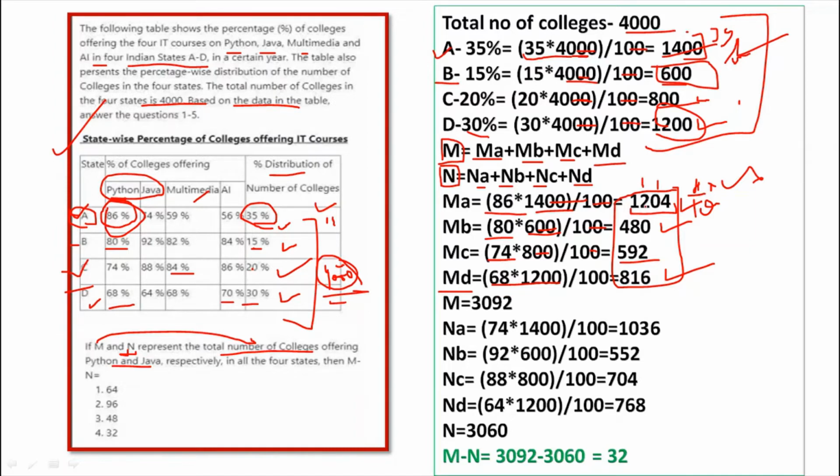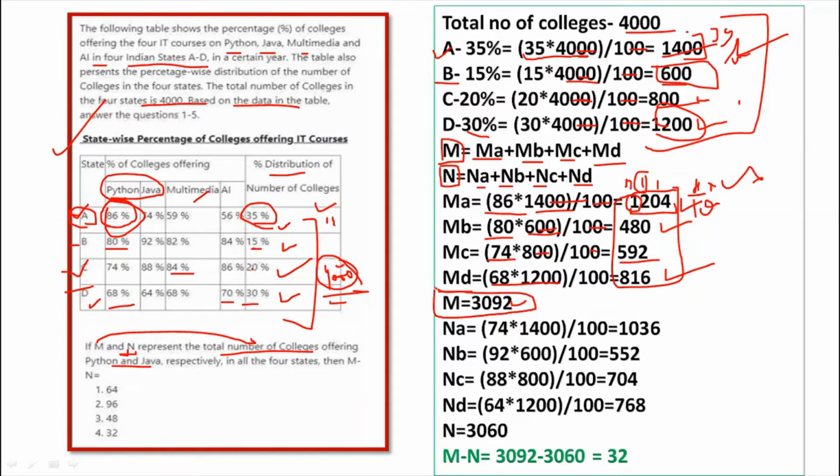At the 100 position we have 2 plus 8, 10, 19 and 2, 4, 6, 6, 5, 11, 11, 8, 19, and 1 was the balance, that is 20, with 2 balance. At the 1000 position we only have 1, so 2 plus 1, 3092. So this is the total number of colleges offering Python: 3092.